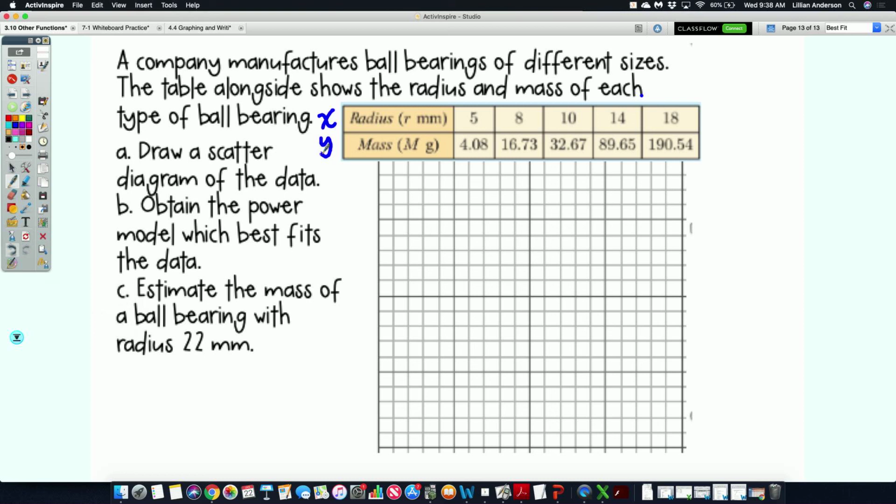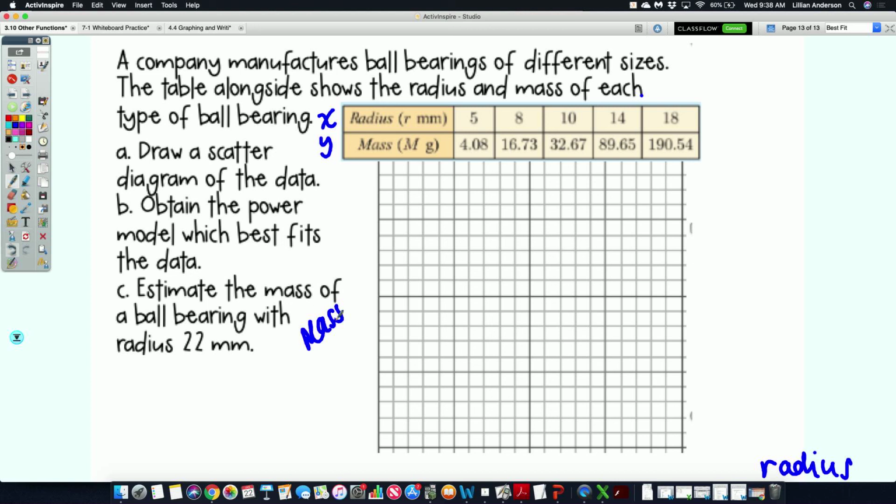All right? Make sure that whenever you are graphing something yourself, you label your axes. So this is going to be radius, and this one over here is going to be mass. You always label your axes. And then, of course, since we have to create our own scale, let's try to figure out the best scale for our centimeter paper.